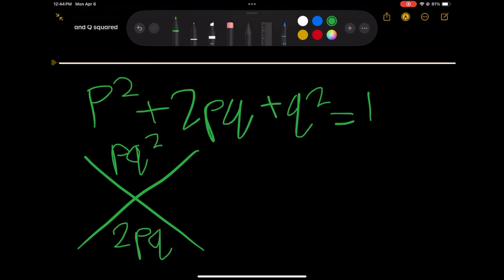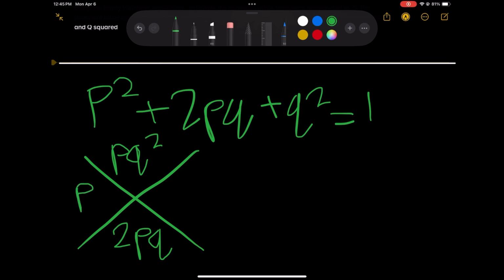This is the X method, where you multiply A and C on top and put B on the bottom. Now the goal is just to find two factors that multiply to give us the product on the top, and when the two factors add together, they give us the sum on the bottom.